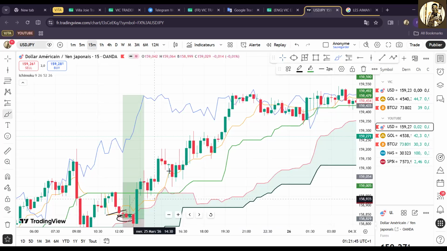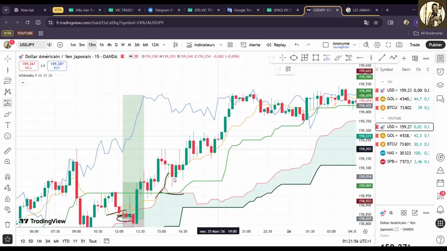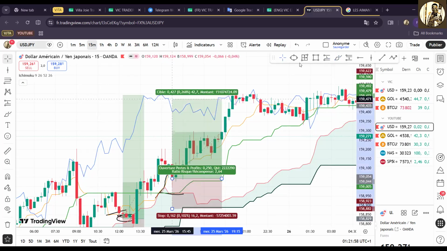Now you have also the TK cross like this, right? The first touch of the volume gives you a good time to buy, like this one.